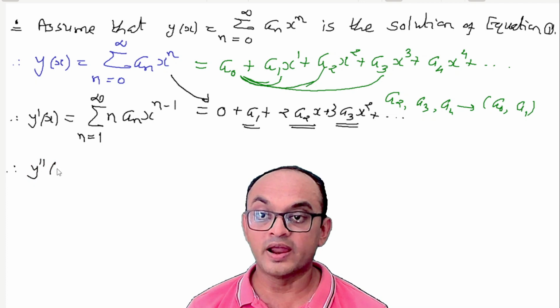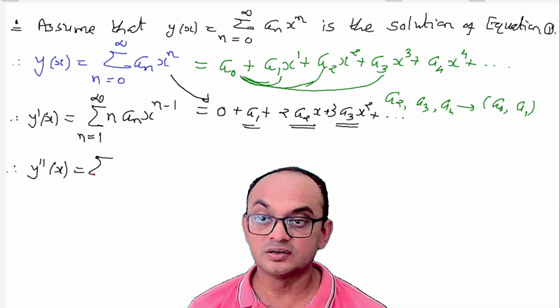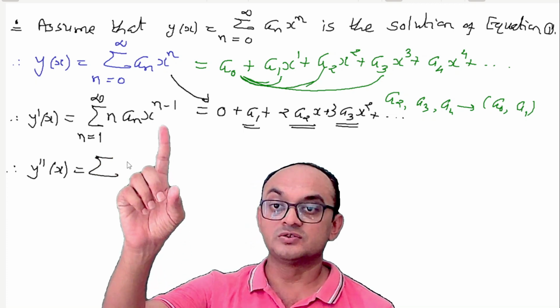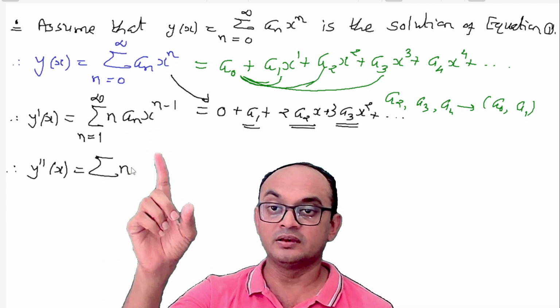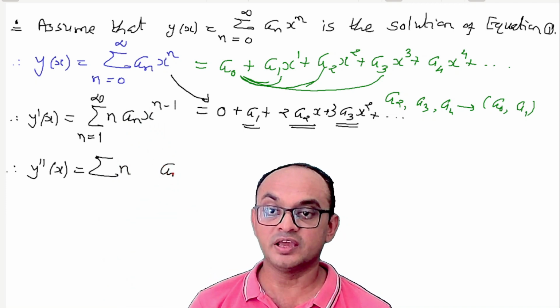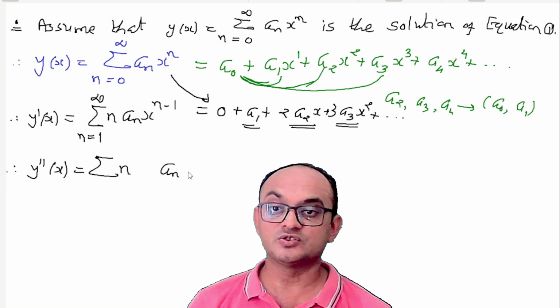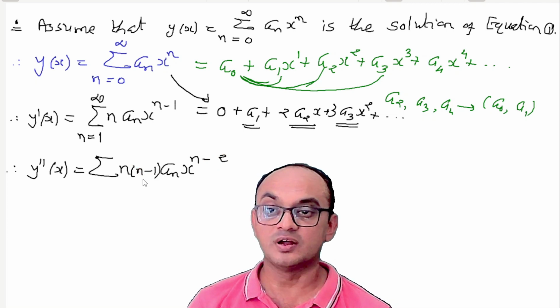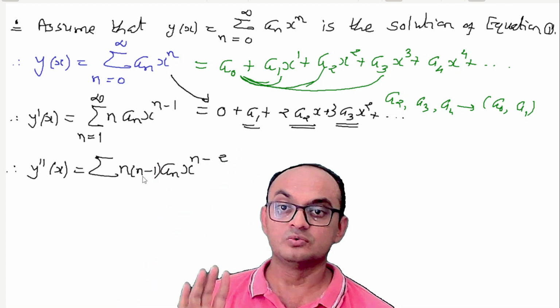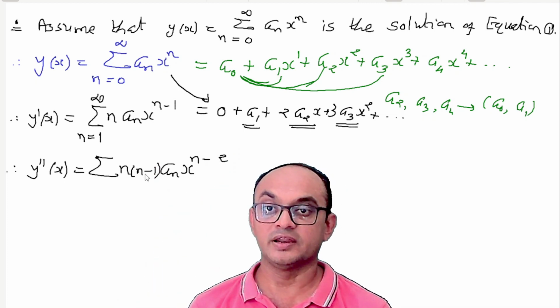So therefore y double dash x is equal to, again I differentiate y dash. So n I already have, an I have, so this is an. What is the derivative of x raised to n minus 1? It is n minus 1 into x raised to n minus 2. So this is n minus 1 into x raised to n minus 2, right?